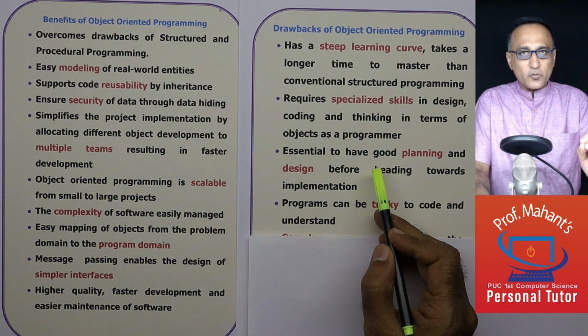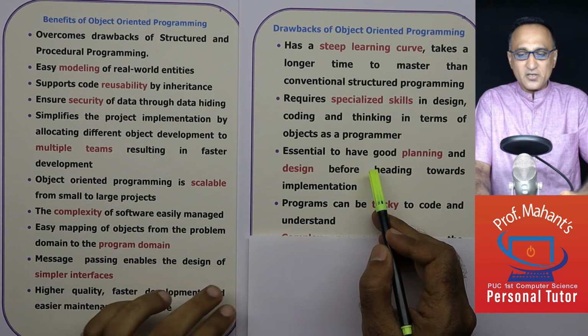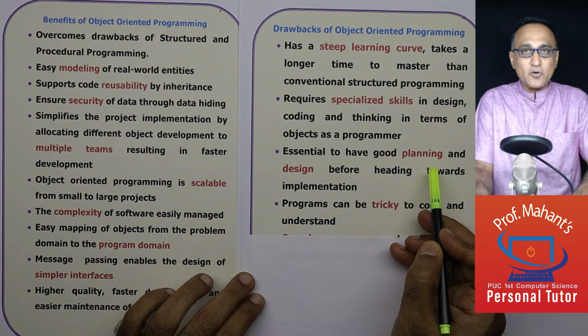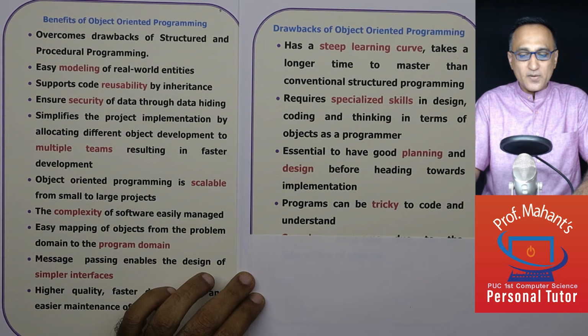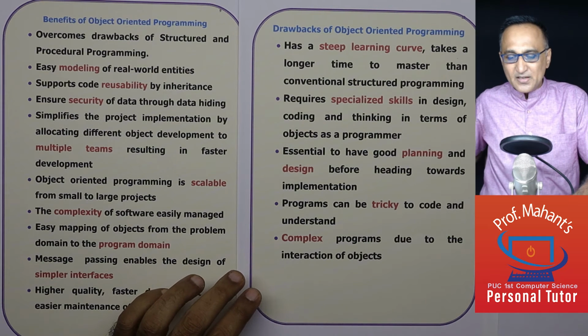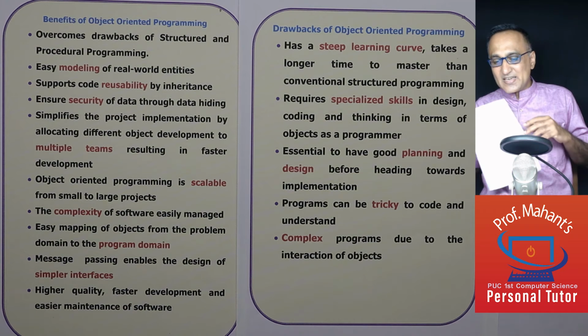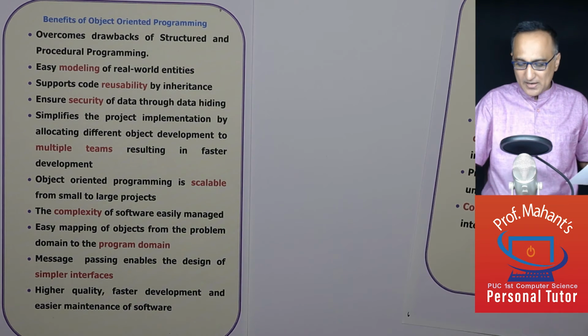Since you're doing a bottom-up implementation, you need to have an extremely good idea about planning, design and implementation before you go ahead and code. Due to the number of objects, how they interact can be tricky to code and understand. Program design or program interaction can at times be hard to understand.